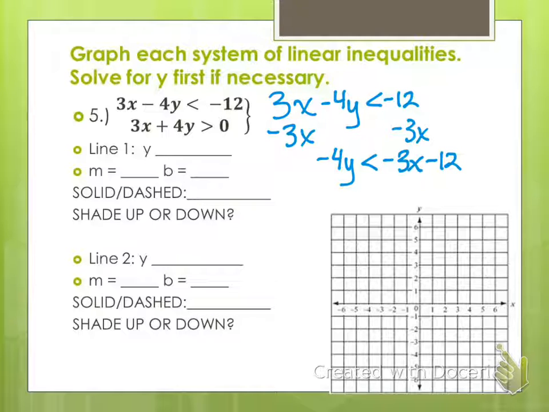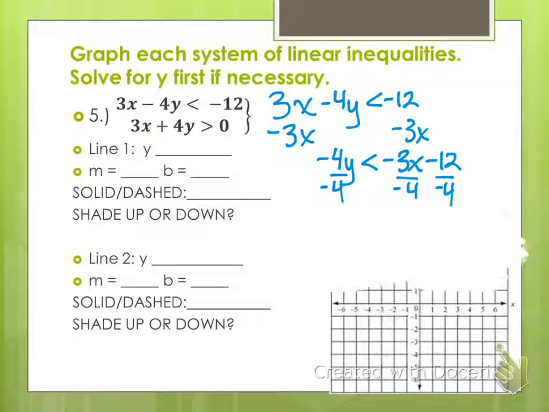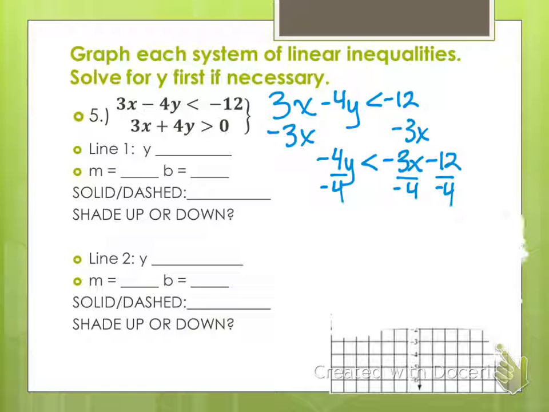Danielle, what should we do next? Divide both sides by. Good. Divide by a negative 4. That's going to leave me with a positive 1y. What special thing happens here? Sign flips.